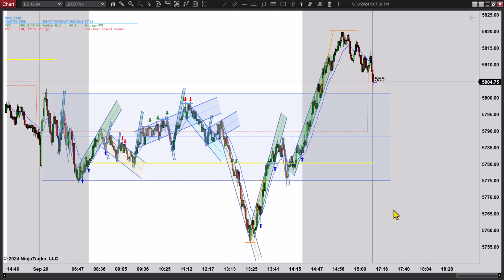They teach people to enter here, and so they go short here, and they teach them to put their safety stop over here, so they're risking all that. And usually you don't even get that much move. You just get a little move down, and it reverses, and then it runs out the other side. And because of all those buy stops down here from people that went short, it gives it momentum and it shoots it up the other way.